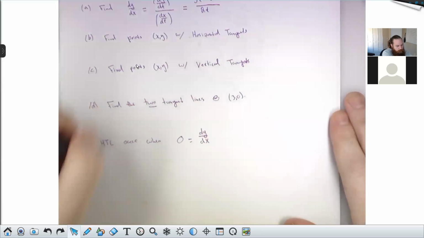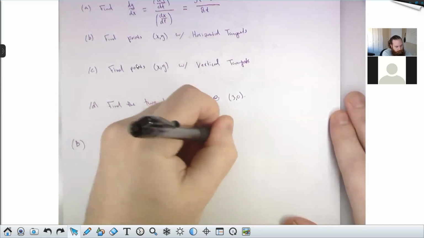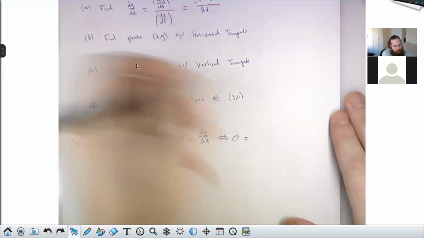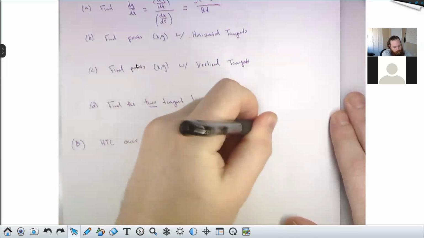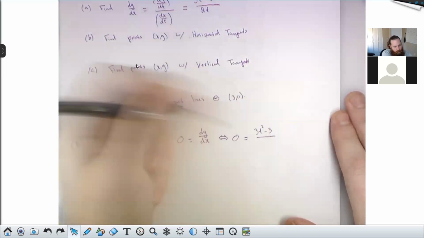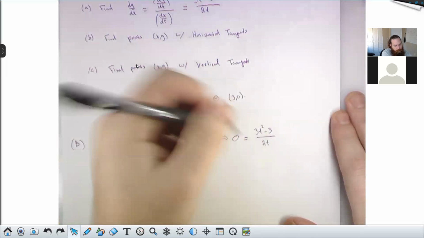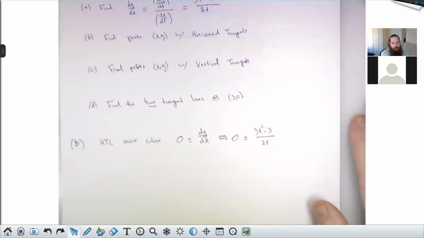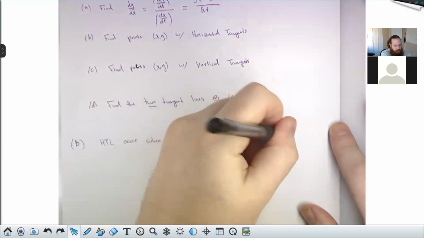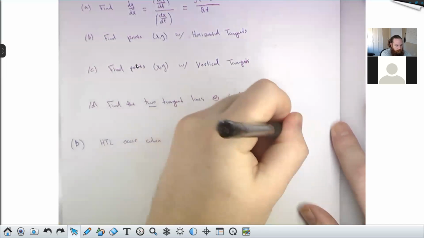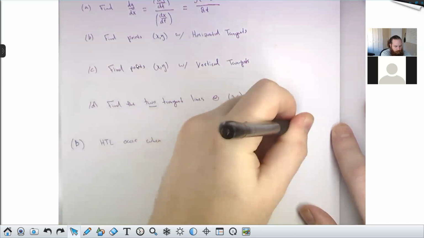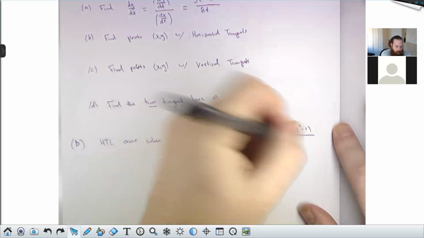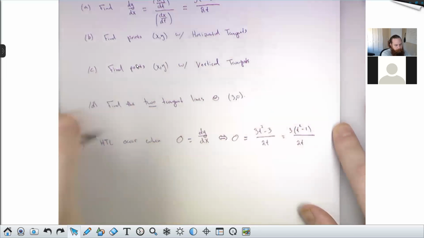So this means we need to solve 0 is equal to 3t squared minus 3 over 2t. And we can solve that by factoring the 3 from the top here. This is 3 times t squared minus 1 over 2t.